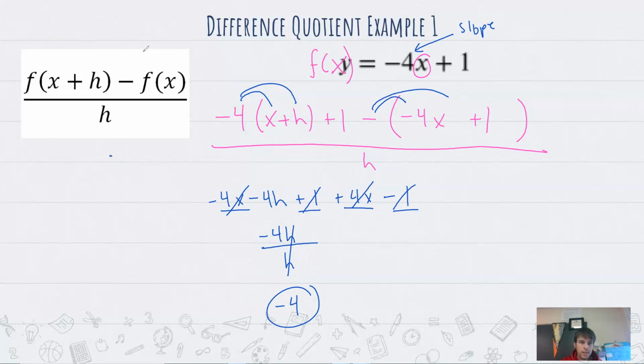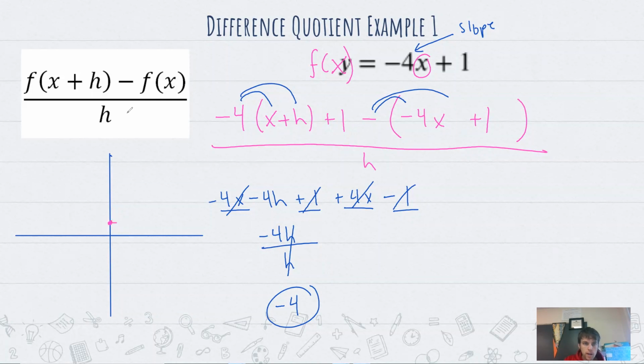So if we look at a visual image of this, you remember that the difference quotient is calculating the average rate of change or slope of the graph over an interval. Well, this graph is always going to have a slope starting here at 1.